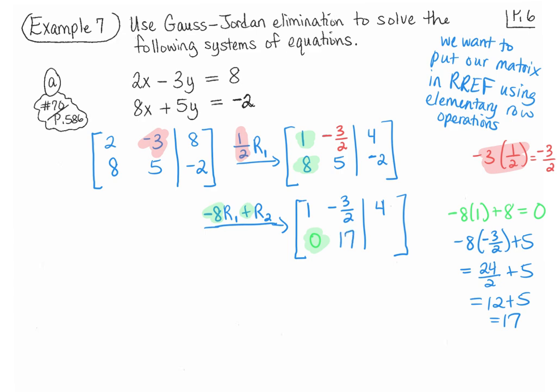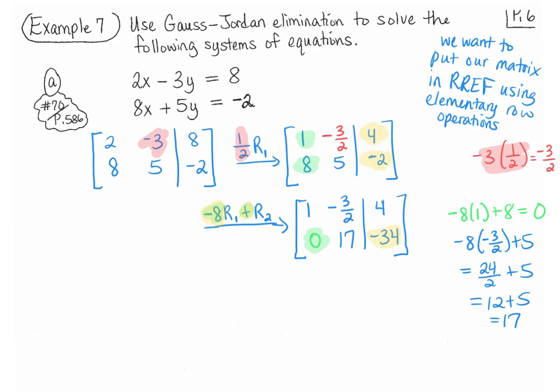This is 17. And then the last entry is going to be negative 8 times 4, which is negative 32. Minus 2 is negative 34. Good. Okay? And because we're at time, I'll finish recording this and make sure you watch it. Yes, ma'am. Okay? You got it?